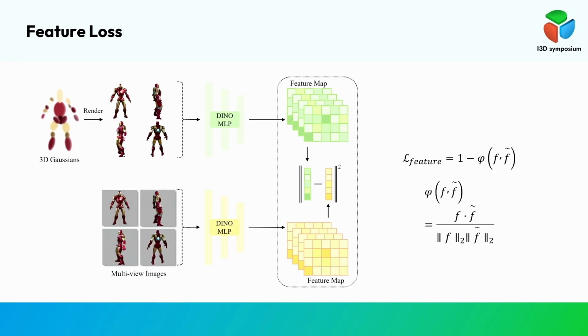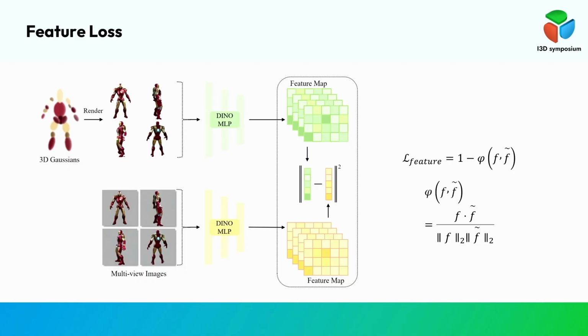Our goal is to establish a visual feature correspondence between the reference view and the render view. This is achieved by enforcing feature-level similarity, guiding 3D Gaussian to effectively fill the gaps in visual regions. We utilize the DINO features, which are more robust to appearance variations, and construct our loss function based on the cosine similarity between the DINO features of the input and the render image.